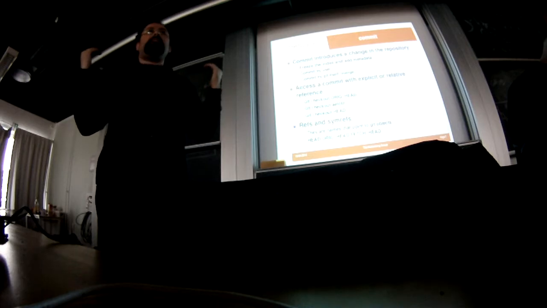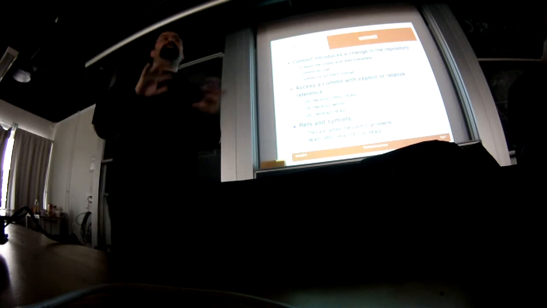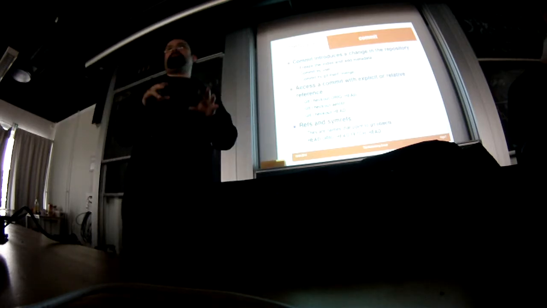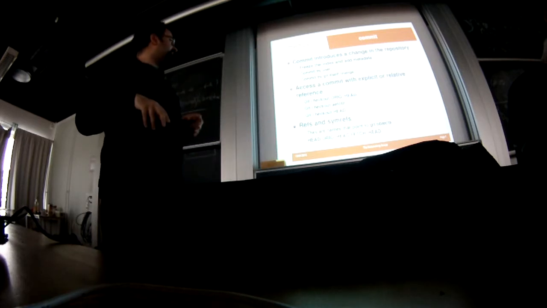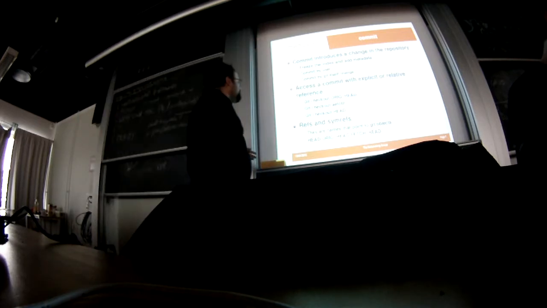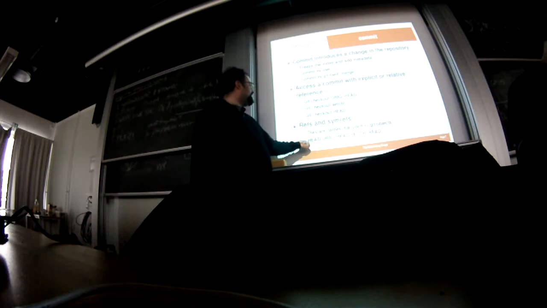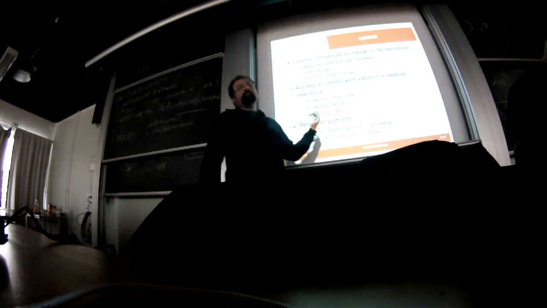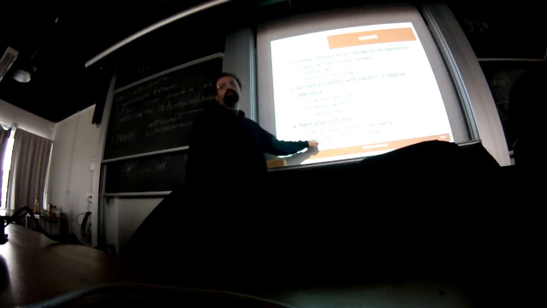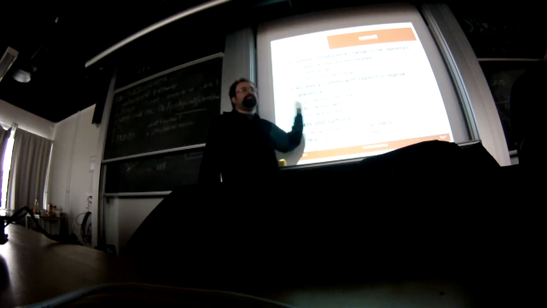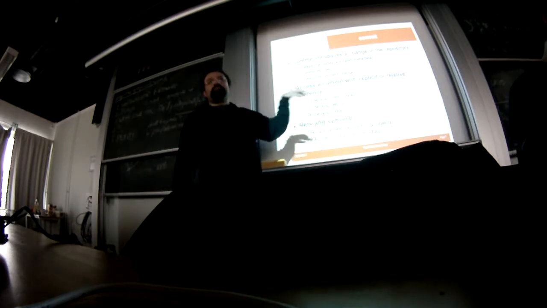I can always use that reference, but they're not very handy to write. So there are some symbolic references that I can use, and there are some that are built into Git. The most common are HEAD, that is the current commit where you are working, and then there is ORIG_HEAD, that is the HEAD at the step just before.